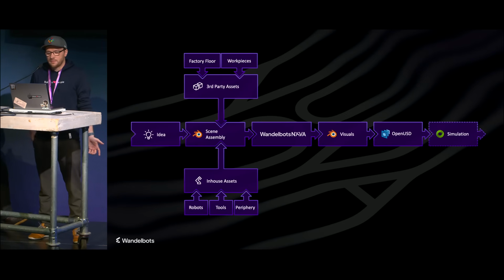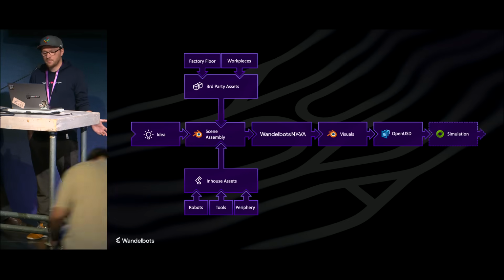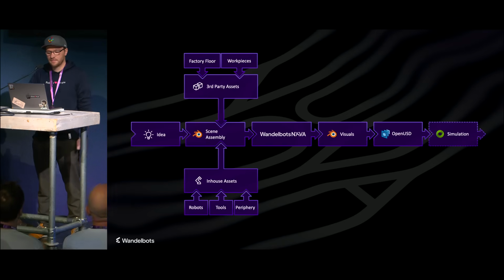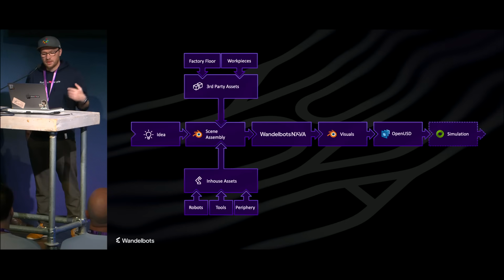Our in-house library feeds scene assembly with robots, tools, and periphery components. The third-party assets are used to build entire shop floors and factories, because there are a lot of existing assets out there, so we can just reuse them. And if we have all assets together for the scenery, we can put them together and connect it to our product, Vandelbots Nova.